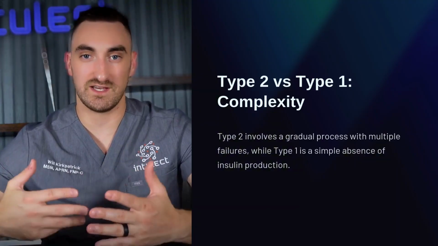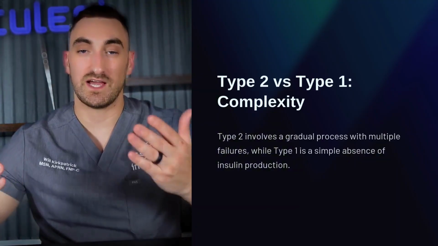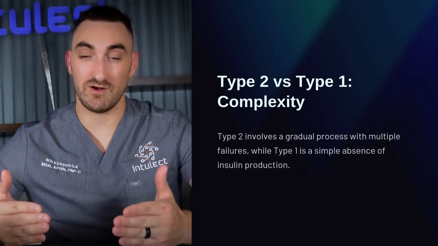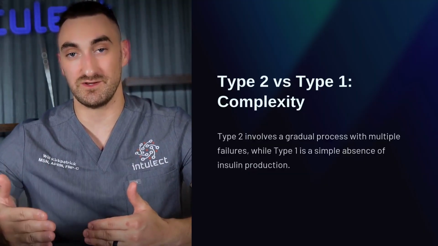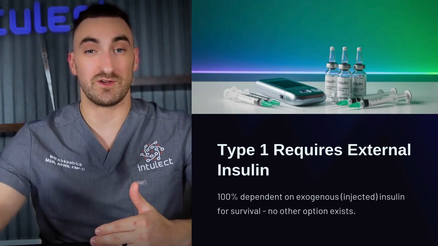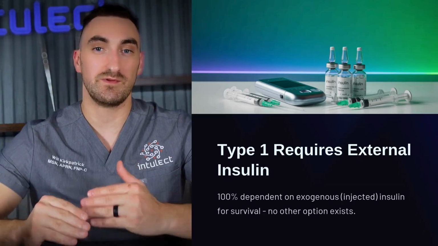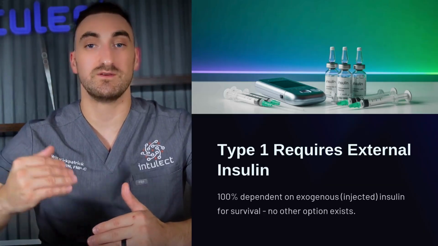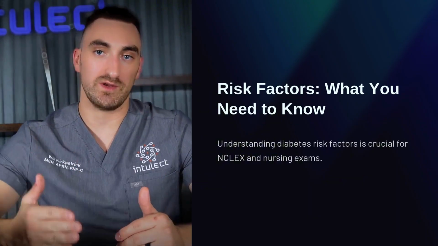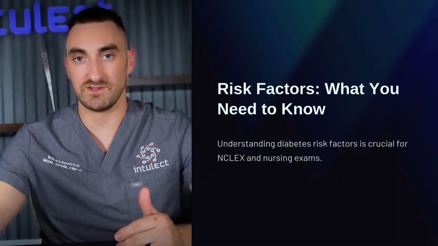There's more of a process and a chronic part of it. Versus your type 1 patients, it's much simpler of a case where there just is no insulin being produced at all. So they're relying on exogenous insulin. So remember that when we start going over your signs and symptoms, and especially your management, because you'll see a different place of management steps with your type 1 versus your type 2. So let's get into the risk factors first before we go into signs and symptoms and complications of this disease.